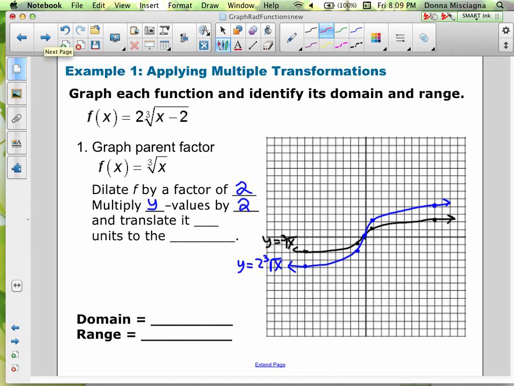We're going to translate it 2 units to the right. It's under the radical, so it moves right and left. It's negative, so it's going to move right. I'm just going to take those key points on the blue graph, the dilated graph, and move them to the right. So here's 2 to the right, 2 to the right, 2 to the right, 2 to the right, and 2 to the right. I think I moved everybody.